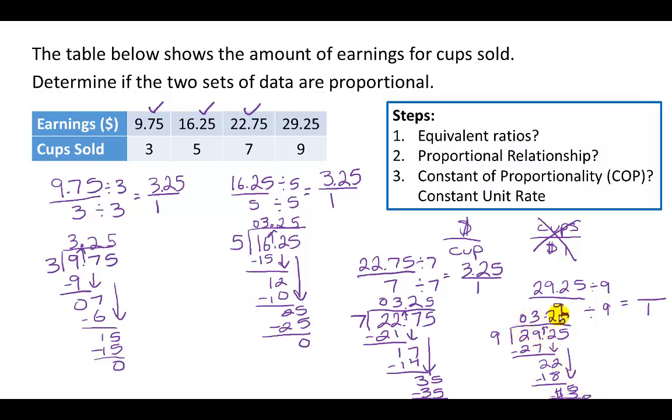Bring up the decimal, and we get $3.25 earnings for 1 cup sold, which gives us a fourth equivalent ratio. So yes, this is a proportional relationship, and our constant of proportionality is 3.25/1.